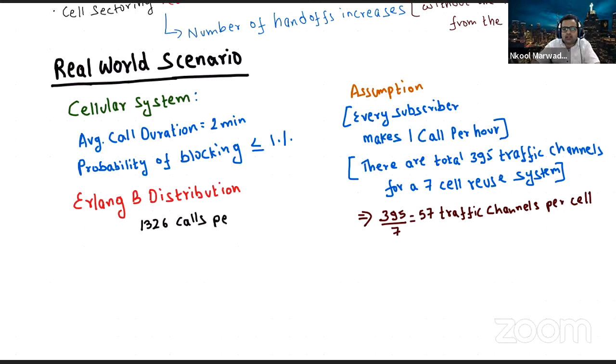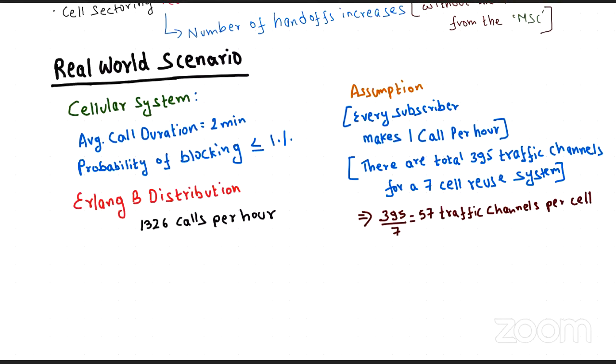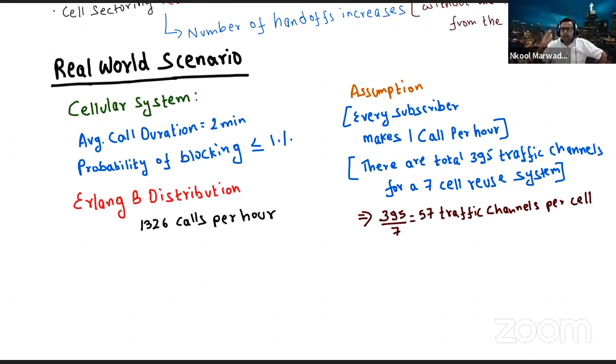So once again, let us revise what we did. We have a cellular system with some assumptions: average call duration is 2 minutes, probability of blocking is less than 1%, every subscriber makes 1 call per hour. In total, there are 395 traffic channels, and we are using a 7-cell reuse system.